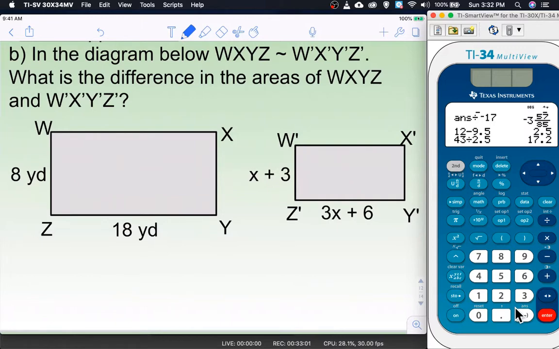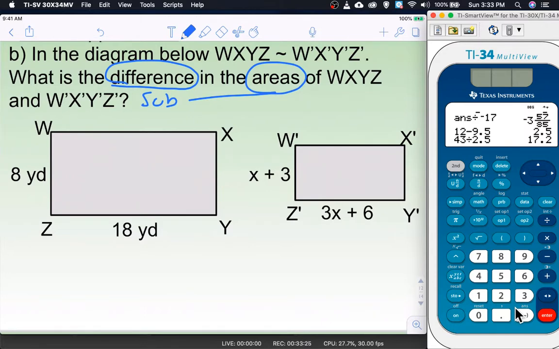All right, so the word difference means subtract. So I need to find the area of both of these rectangles, and then subtract them. Sounds simple enough.